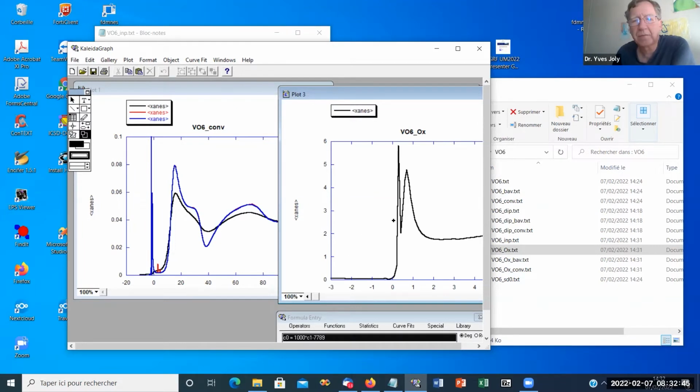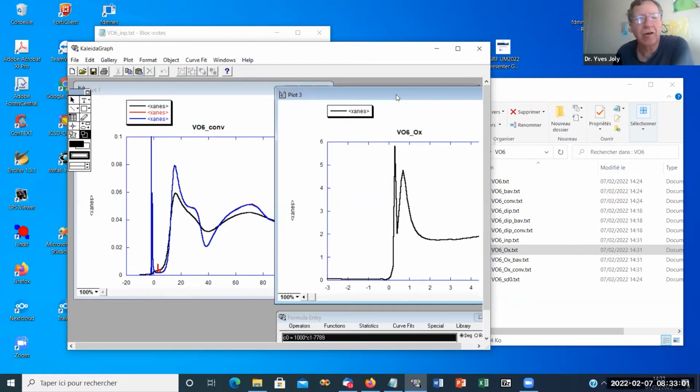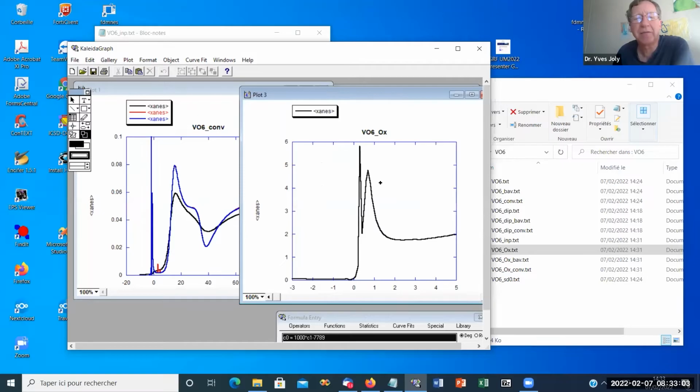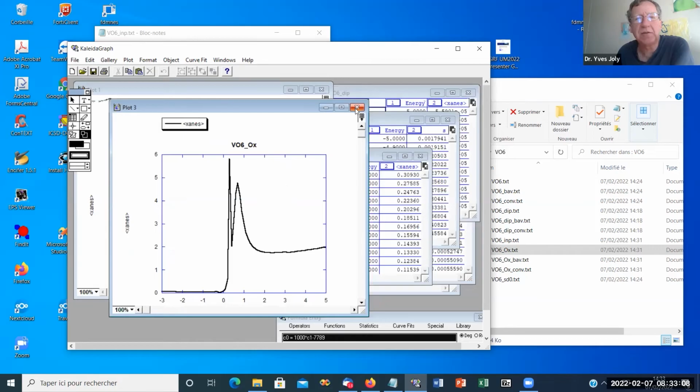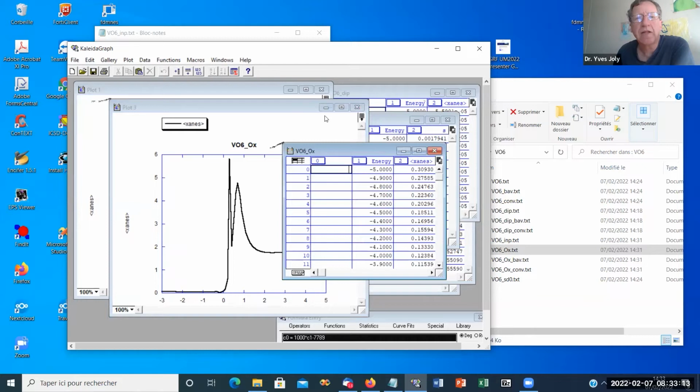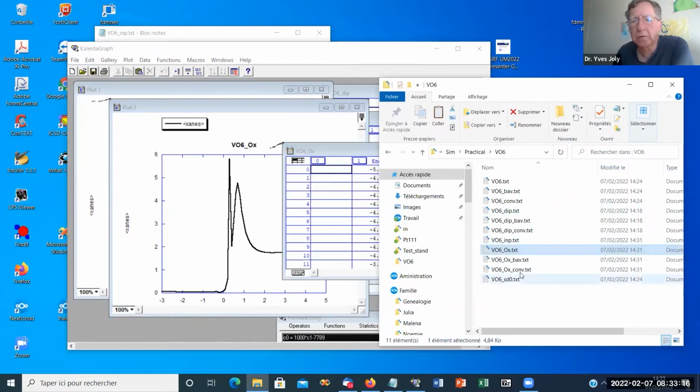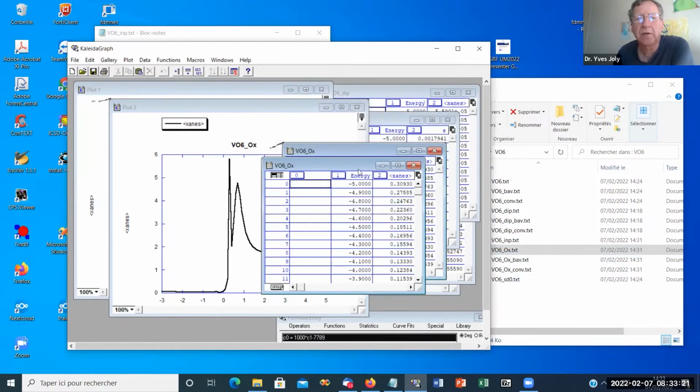And if we zoom here, what is interesting is that you have this feature. Well, it's not exactly like I expected before. Sorry, it's because I used the convoluted one. I would prefer the not convoluted one to see better.